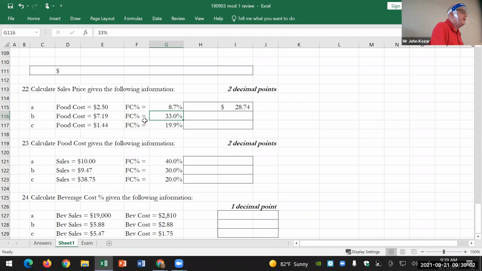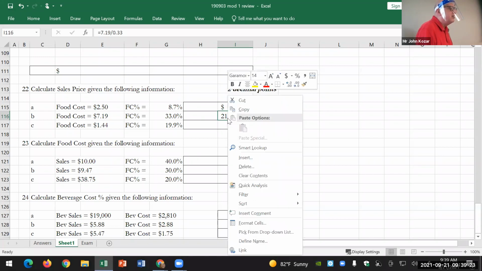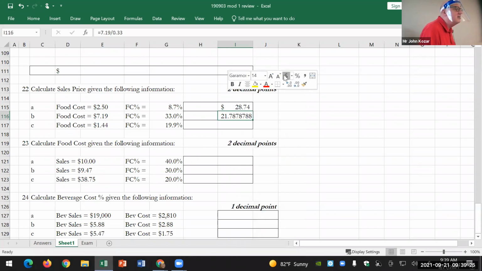Food cost percent of 33%, that's more realistic. 7.19 divided by 33. Okay. That comes out to $21.79.